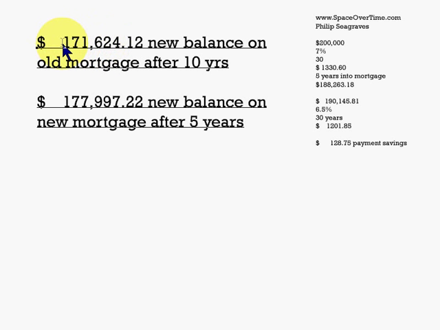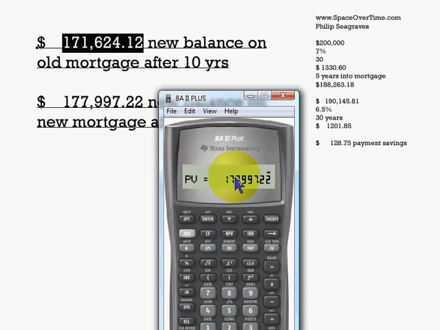So if I just want to take this 177 and compare that to the 171,624, we just want to come up with the difference there. We'll just round it.